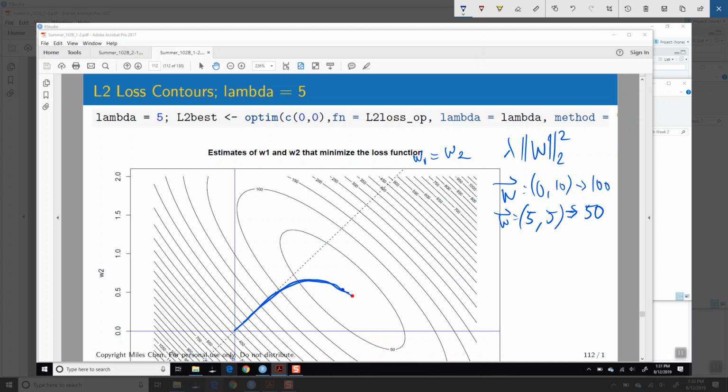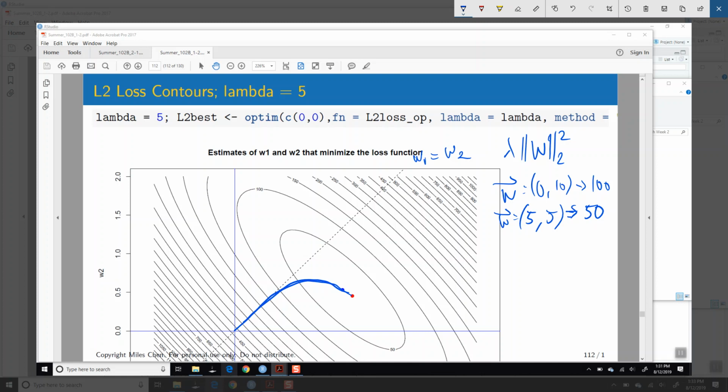So it's preferable to have them kind of equal. Having W1 and W2 equal each other gives a smaller penalty than when all of it is concentrated on one side. Whereas if we look at the L1 norm, the penalty for both of these is 10.